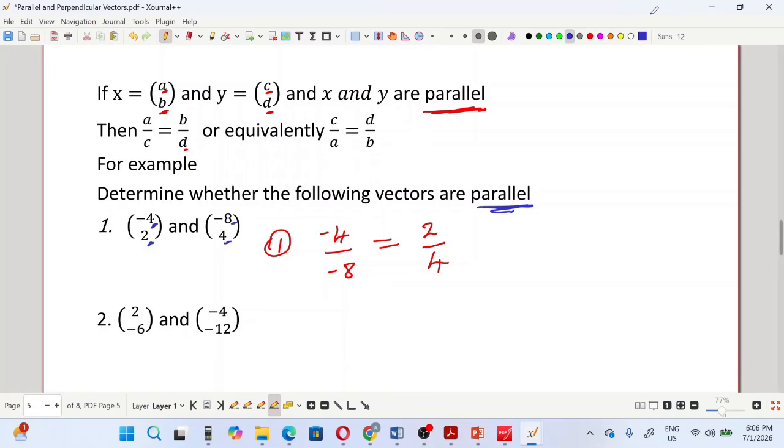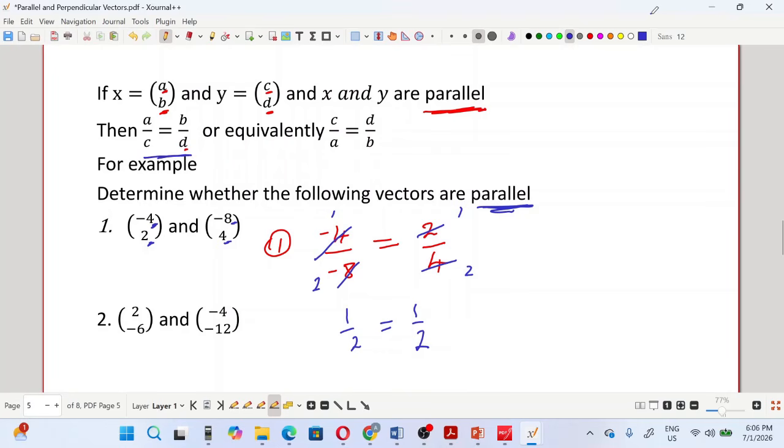We have to find what number can divide both. 2 can divide 4, or 4 can divide itself 1, and divide 8 is 2. The negatives change to positive, so now I have 1/2 equal to, when I come here, 2 can divide itself 1 and divide this 2, 1/2. Since this is equal to that, we have 1/2 equal to 1/2. Then we can say these particular vectors are parallel.